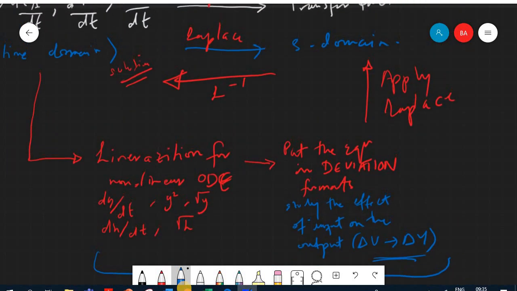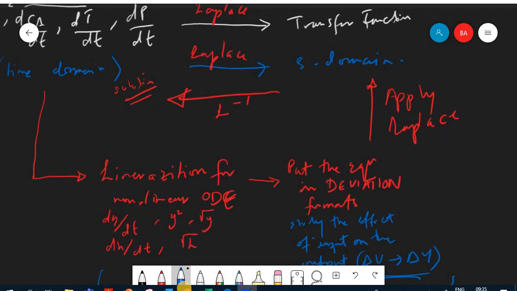If we do these two steps or that one step, which are two methods, we are going to then apply Laplace, and by applying Laplace you're going to get your s domain.